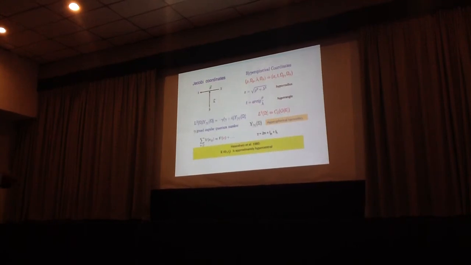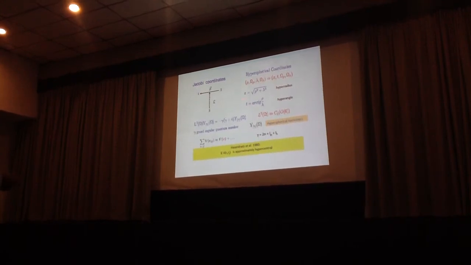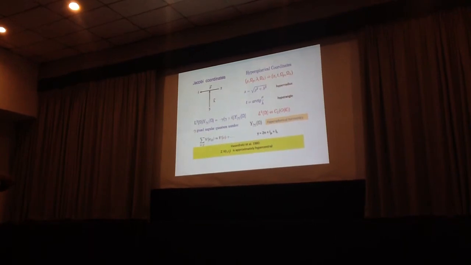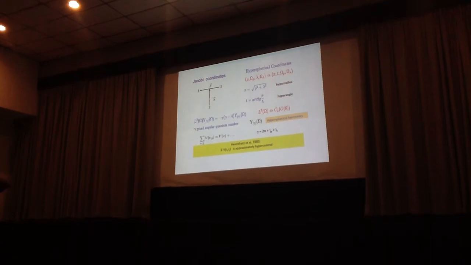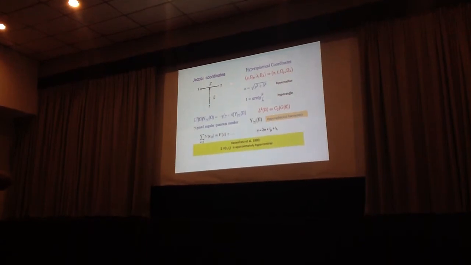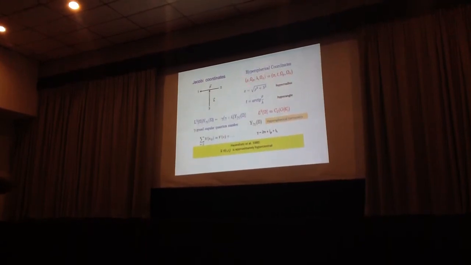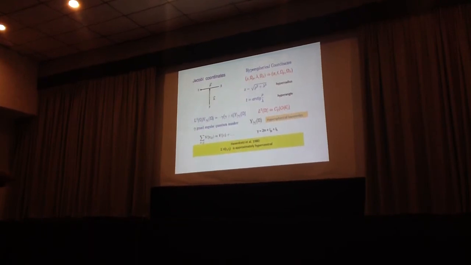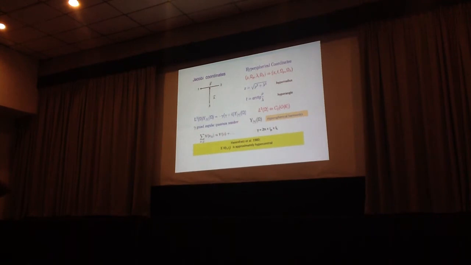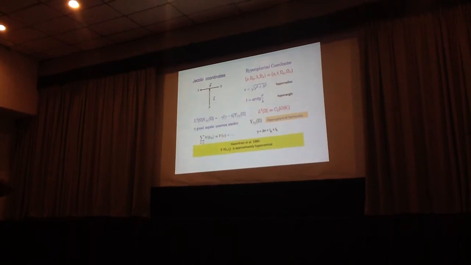In some sense, x measures the size of the overall system, and t is a sort of deformation. These coordinates allow us to treat the problem in a way similar to the standard two-body case, in the sense that you can expand any function, wave function, or potential in a series of the so-called hyperspherical harmonics, which are a generalization to six dimensions of the standard spherical harmonics.